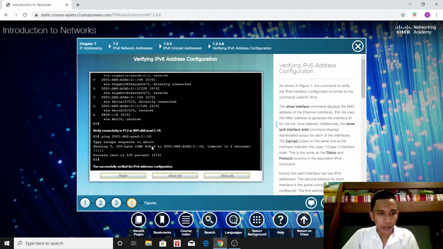Then ping. Then type escape sequence to abort. Sending 100 bytes ICMP echos to 2001:db8:acad:1::10. Timeout is 2 seconds. Success rate is 100%.